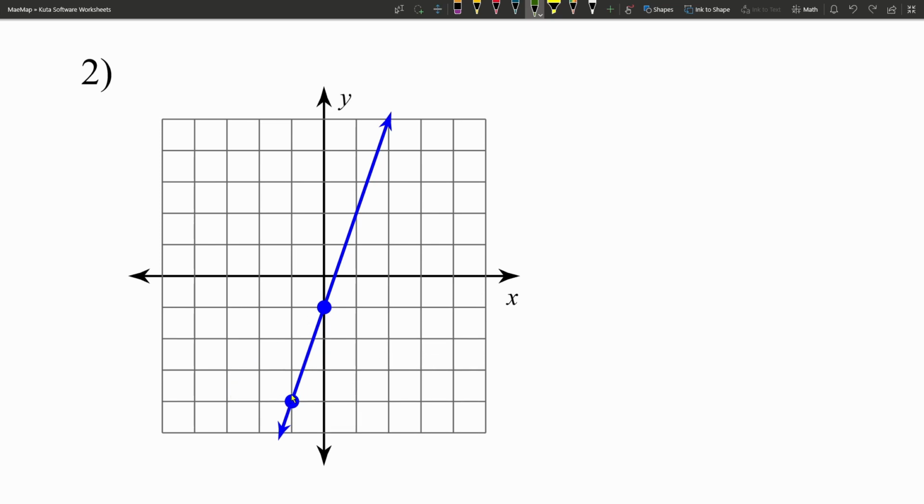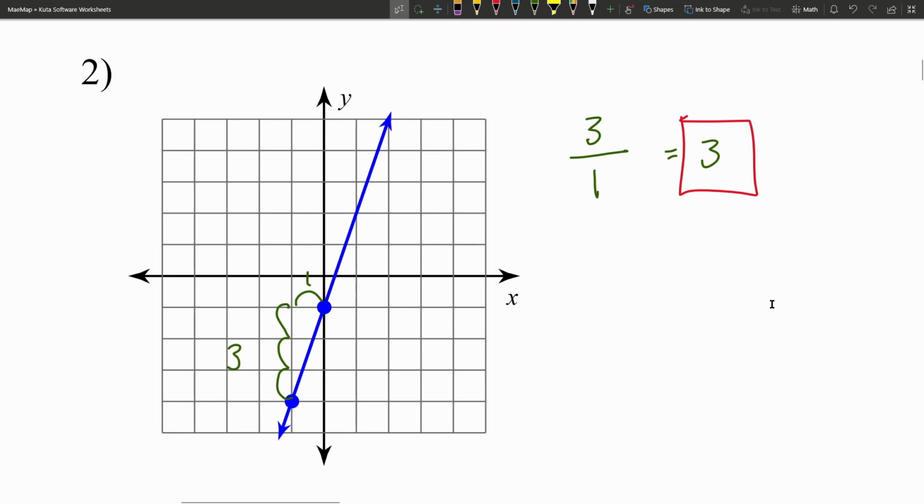Looking at our vertical change, we need to go up 1, 2, 3 to be on the same level as that next point, and we need to go over 1. So going 3 up and over 1, that's a rise of 3 over 1. It was a positive rise and a positive direction we move to the right. 3 over 1 is just equal to 3. So our slope in number 2 is a positive 3.